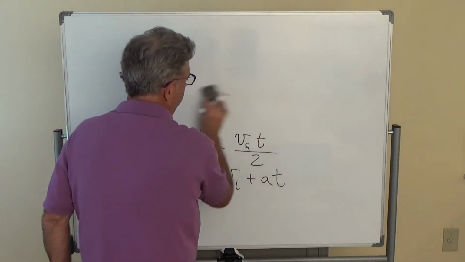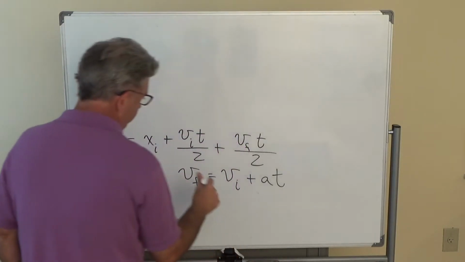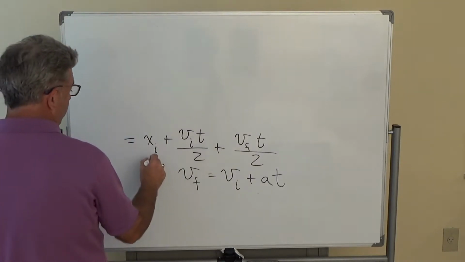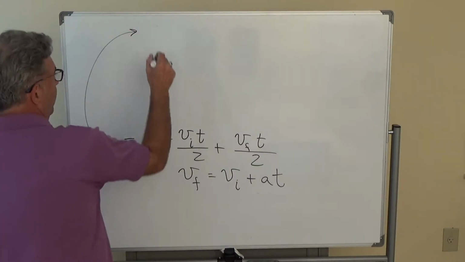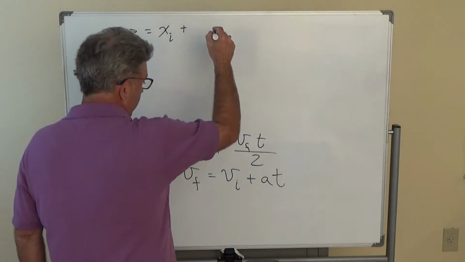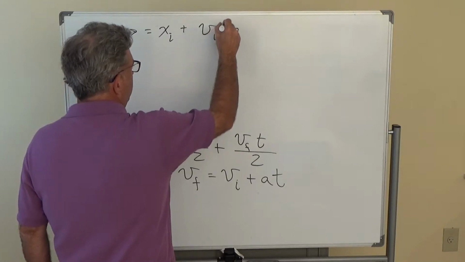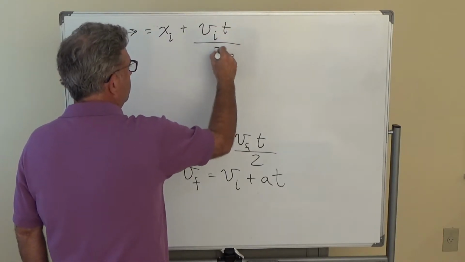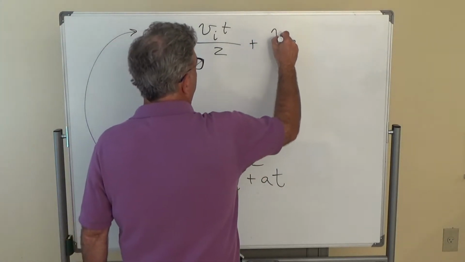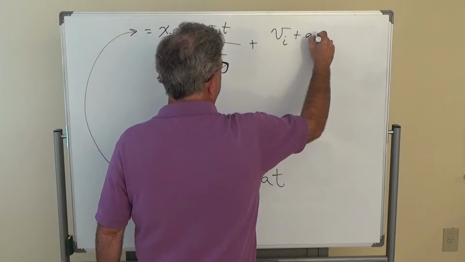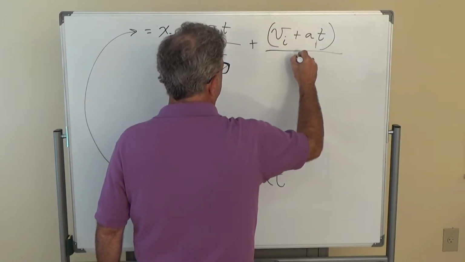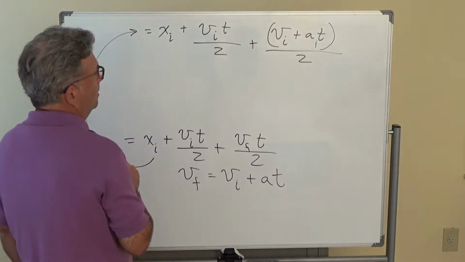I don't need that. Okay, so I'm going to substitute this into here. So I'm going up here. So I get this is equal to x initial plus v initial t over 2 plus v initial plus at divided by 2, okay?